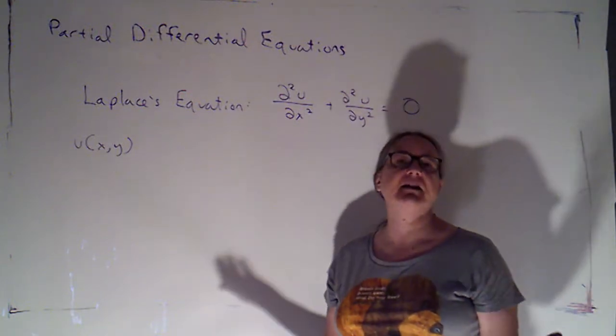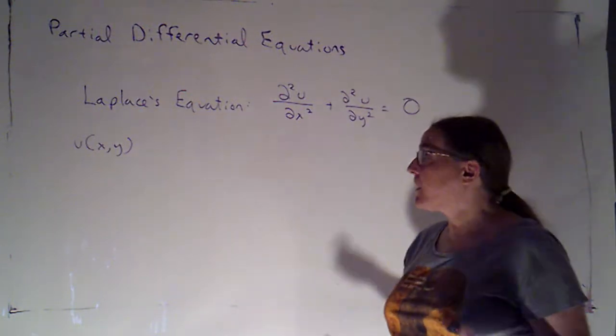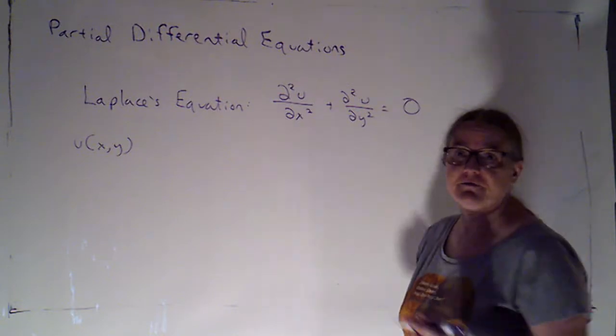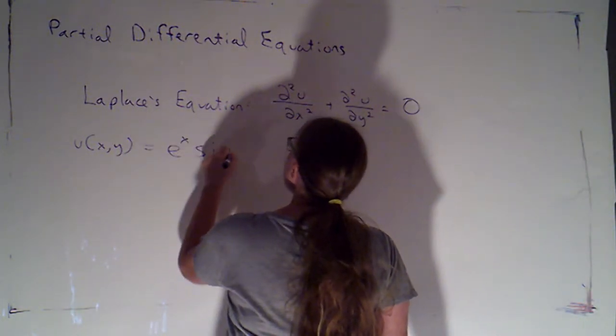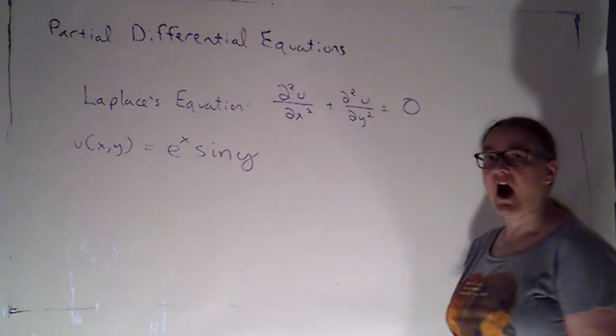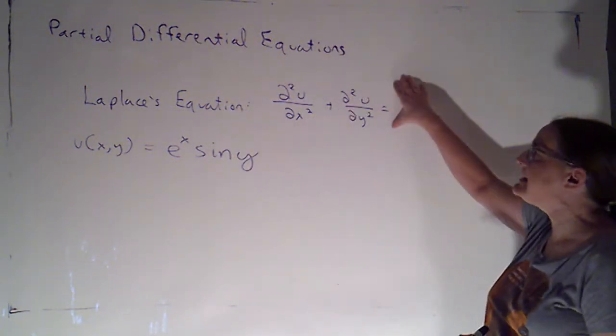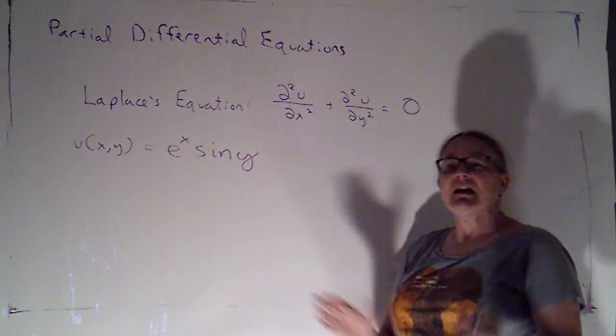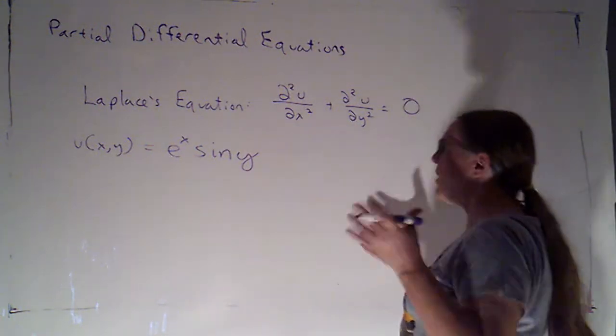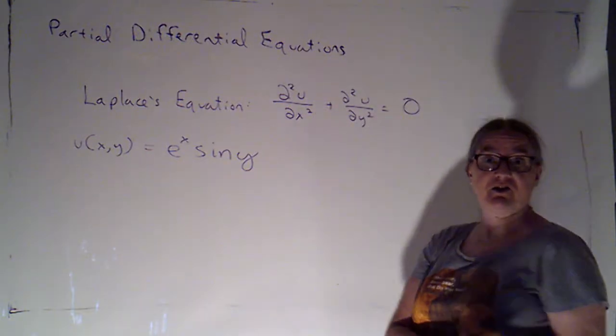Okay, so that's the sort of thing you could be given. Is this particular function a solution? Or verify that a particular function is a solution. Let's phrase this one as a question. Let's look at e to the x times sine y. And let's see, is that a solution to this differential equation? Now, if I'm asked, is it a solution, I don't know that it's going to make the equation true.